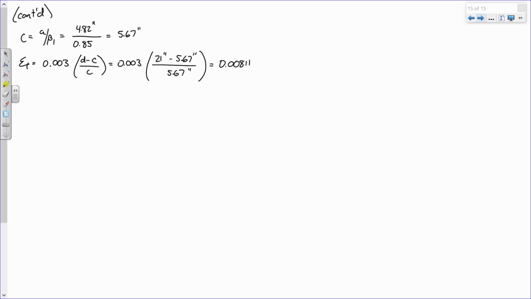So we can say our limiting strain is Fy over Es plus 0.003. And so that's 60 ksi over what? 29,000. That is right. That number will be burned into the back of your head by the time we're out of here. 60 ksi over 29,000 ksi plus 0.003. And that equals what?